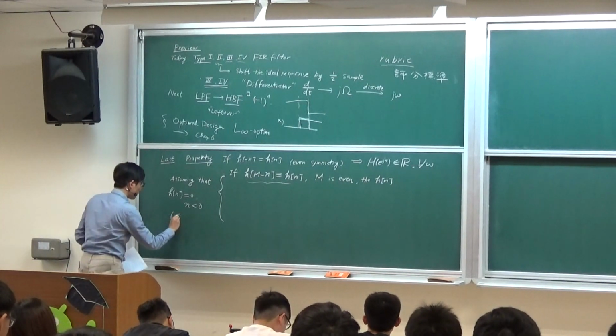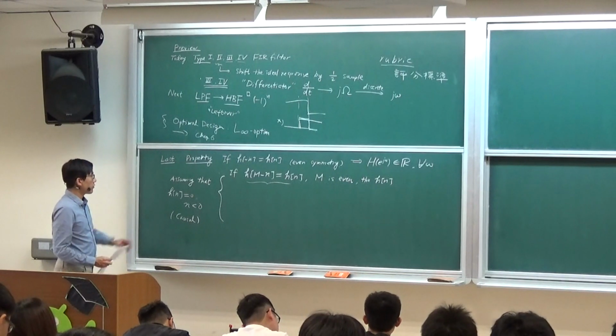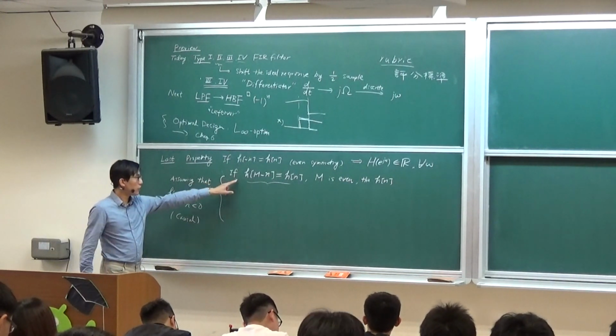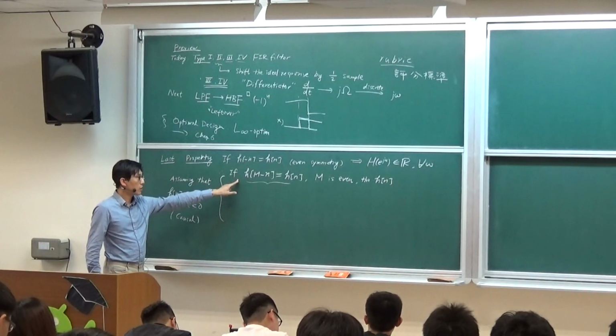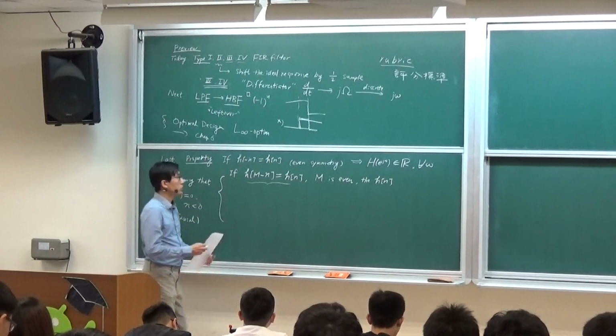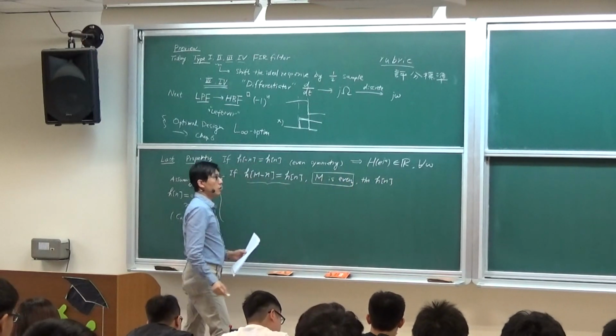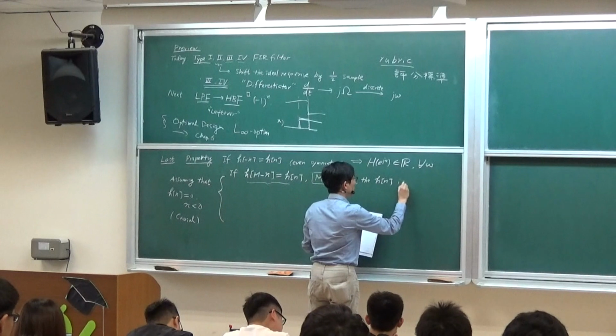In other words, causal. So under this assumption, if h has this even symmetry around time m divided by 2, and m is even, then h of n is called type 1.